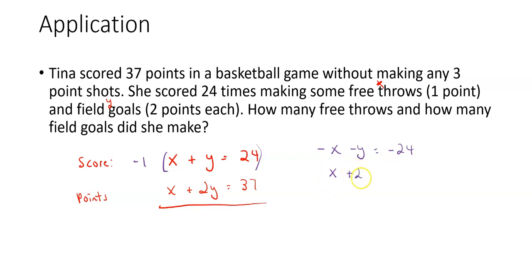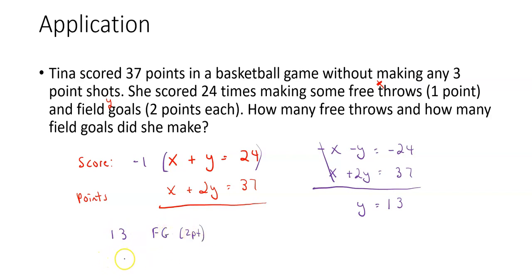Down the bottom, I get x plus 2y equals 37. Add them together, the x's go away. 2y minus y is y. 37 minus 24 is 13. So she scored 13 field goals, or 13 two-point shots.